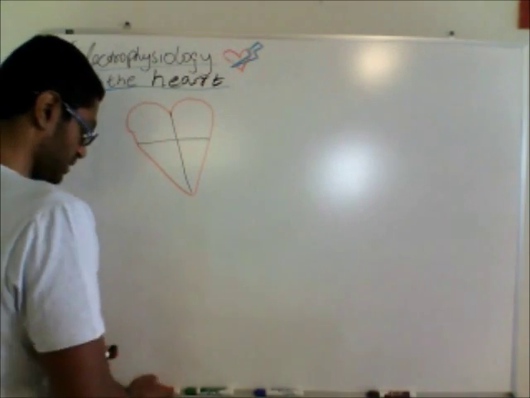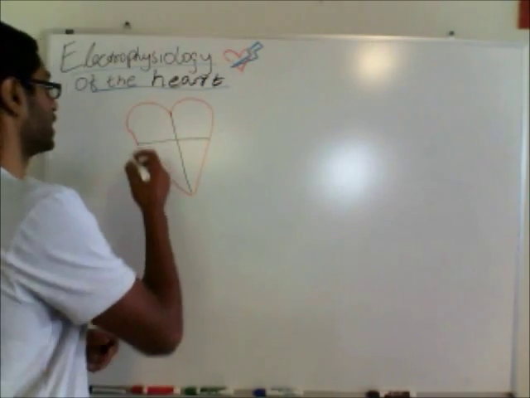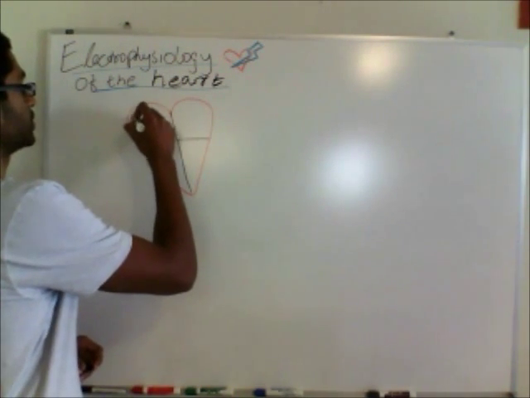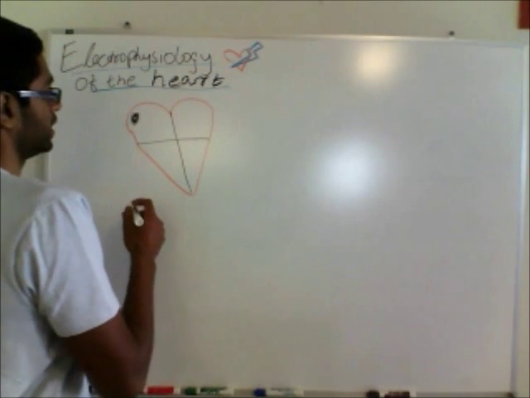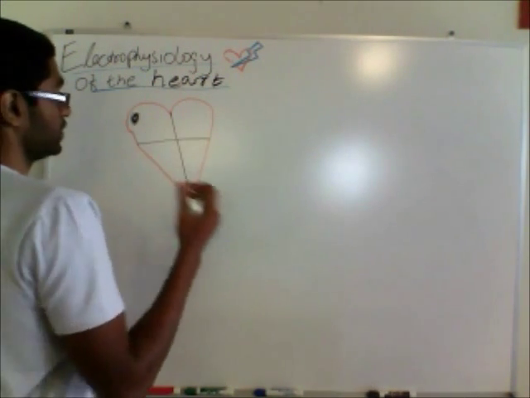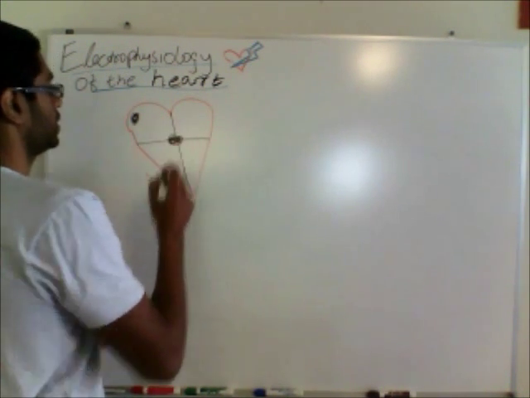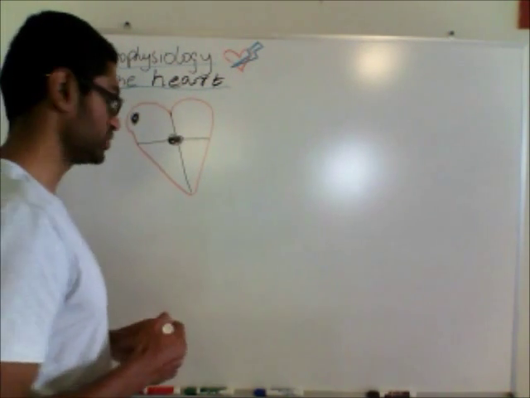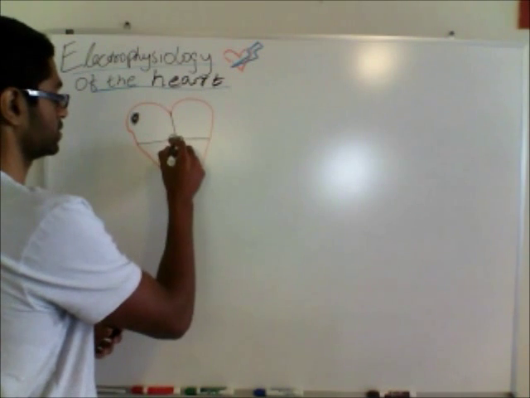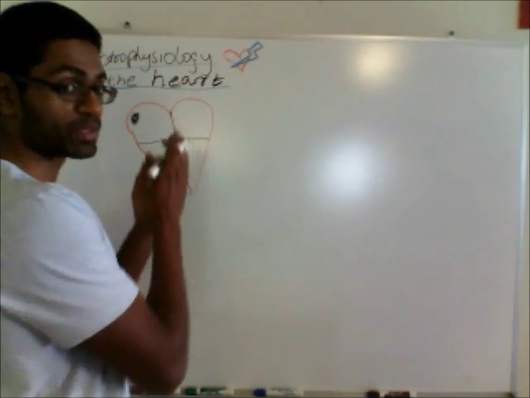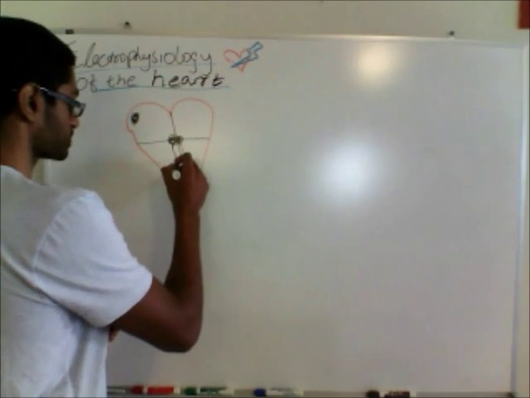Now, where exactly is the SA node? Yes, exactly. It's somewhere up here in the right atrium. And then you have your AV node. Where would you guess that would be? Yeah, it's somewhere around here. And then you have your bundle branches, or the bundle of His, which goes in through your interventricular septum, the wall between the two ventricles.